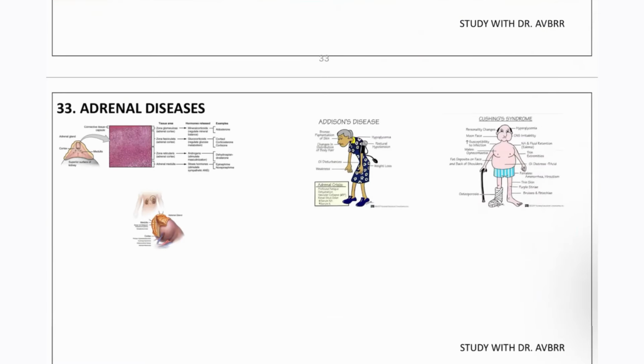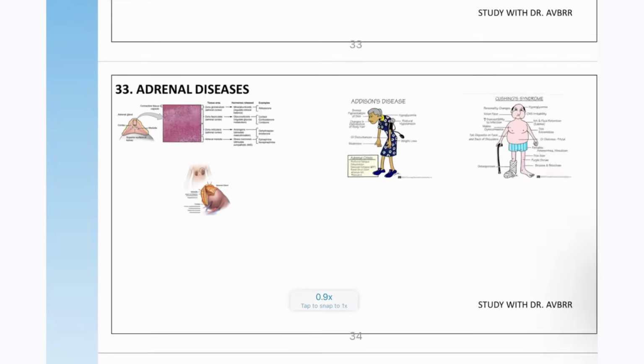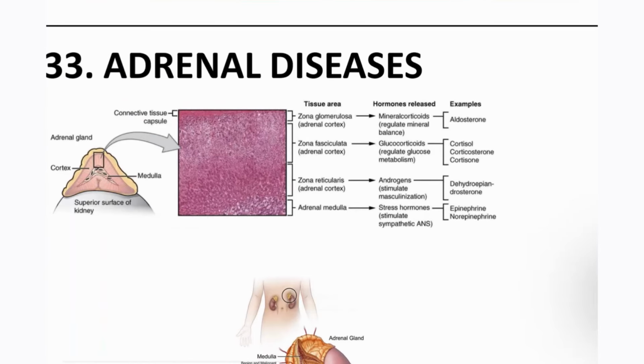Next, moving on to the adrenal disorders, we are going to discuss. Here you can see the different parts of the adrenal gland. In the adrenal glands, we are going to see the different hormones. From the cortex, the outer layers: zona glomerulosa, zona fasciculata, zona reticularis.